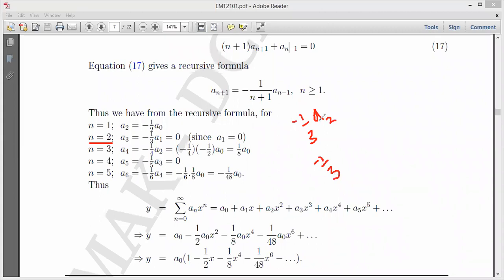We have got a2, but a2 is here from the previous one. A2 is times minus a half. That is a naught. And when you do that, you'll get minus 1 over 6 a naught.